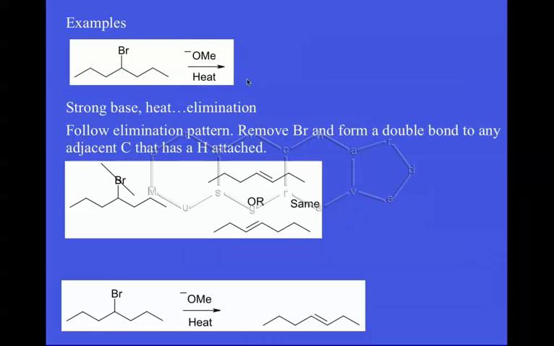Here's an example where we've got OMe minus, that's going to be a strong base because it's got the oxygen in it, and heat, so we're looking at just elimination. So we're going to get elimination products out of this.